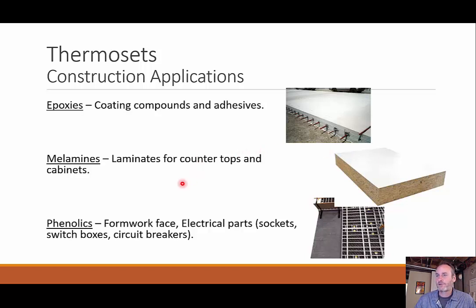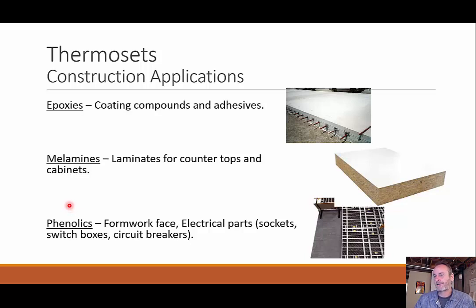We have melamine. Melamine is like a laminate, a white, very slick laminate on top of what looks like an MDF. You see this a lot in cabinets or laminate countertops, things like that. We have these phenolics. I think I'm pronouncing that right, but I have no idea.